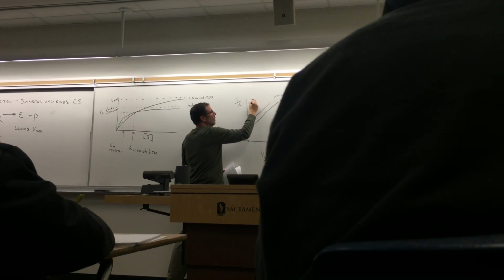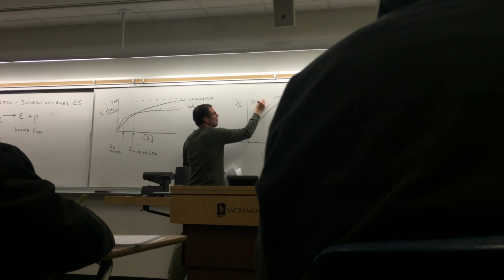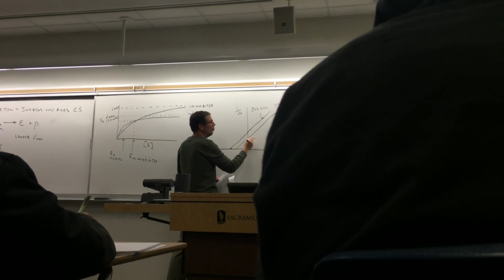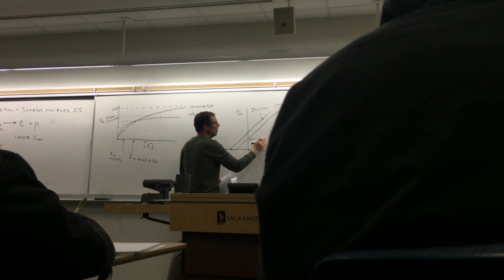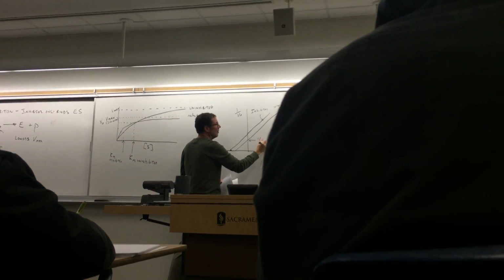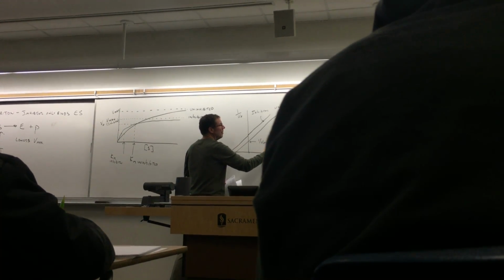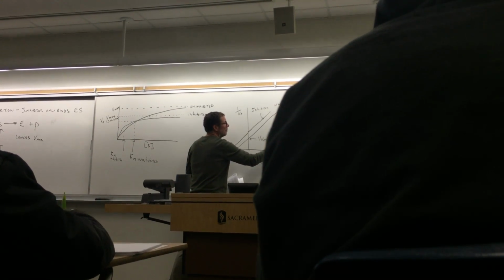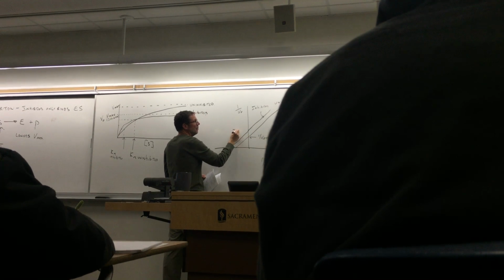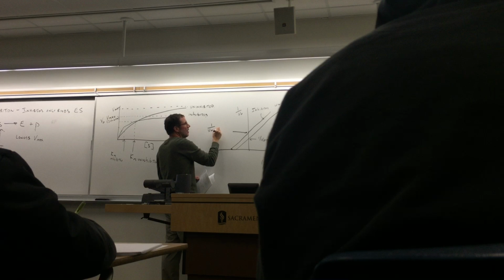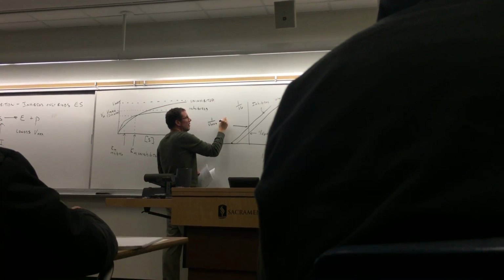So here's our inhibited. So again, this is 1 over Vmax, and then uninhibited. This is 1 over Vmax inhibited.